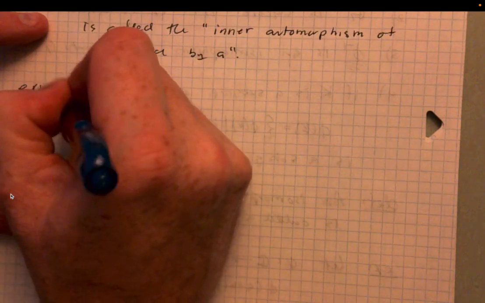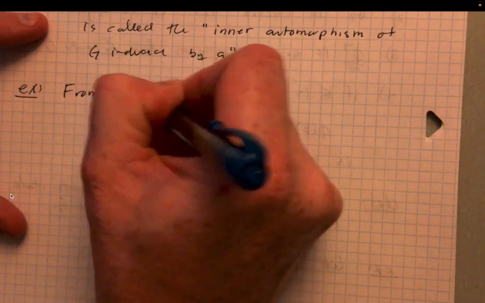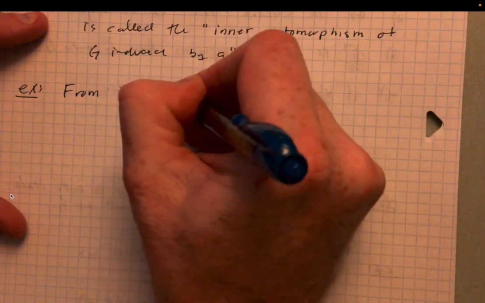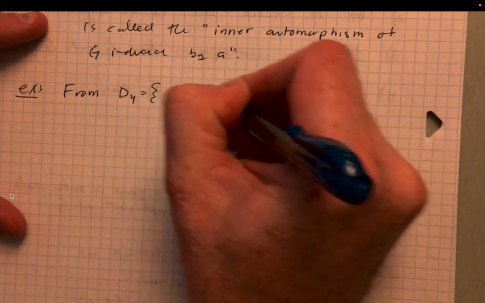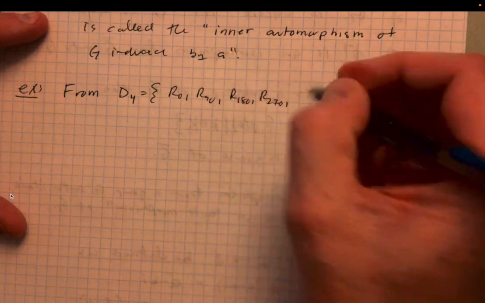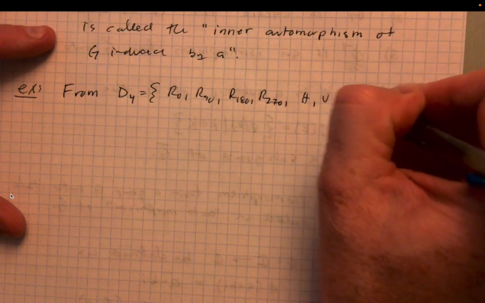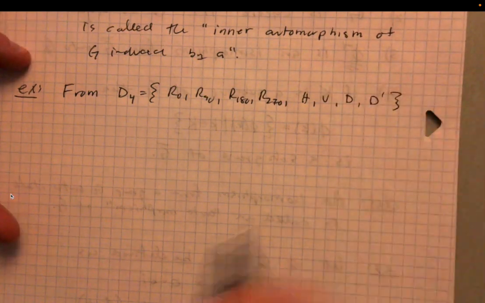We're going to run this example out of D4 again, the dihedral group. Now remember the dihedral group: it's R0, R90, R180, R270, and then you've got some flips. So horizontal flip, vertical flip, and 2 diagonal flips. All right, that's D4.